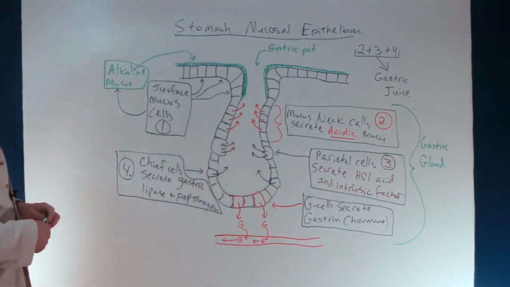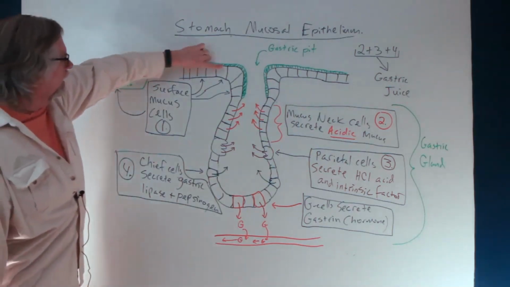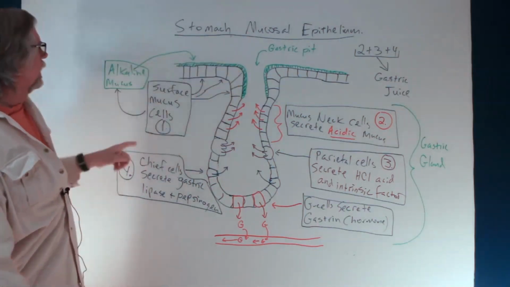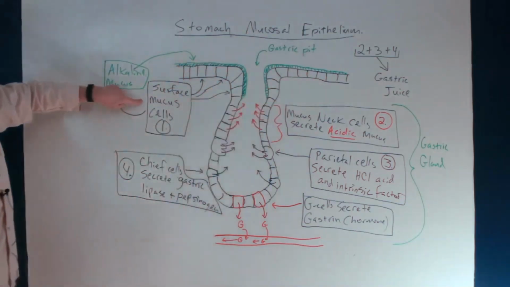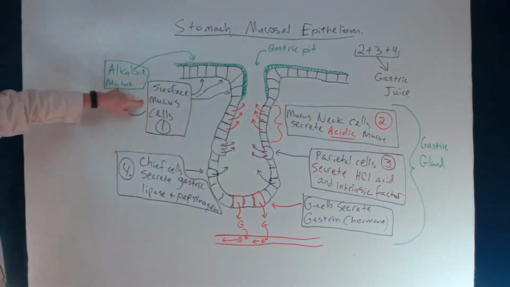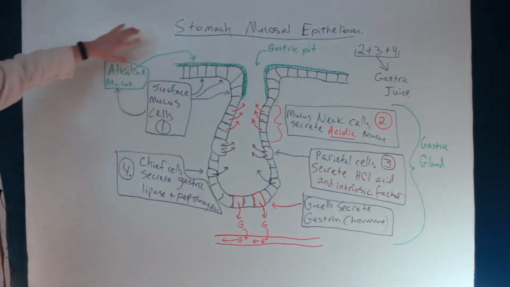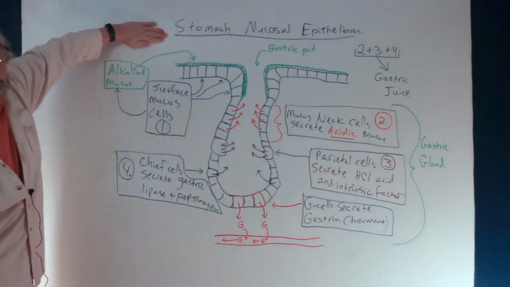So what are these cells, first of all, and what are they secreting? The cells that are on the surface and dive down a little bit into the pit, and that's on both sides here, these are the surface mucus cells. These cells secrete an alkaline mucus. The contents of the stomach, this would be the lumen up here, are extremely acidic.